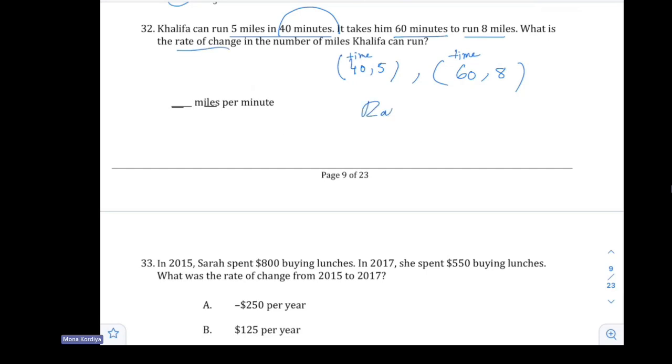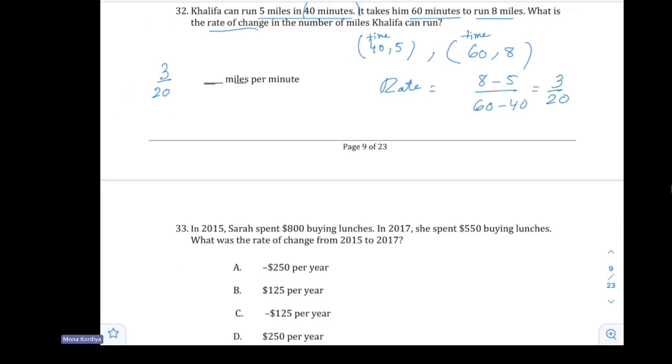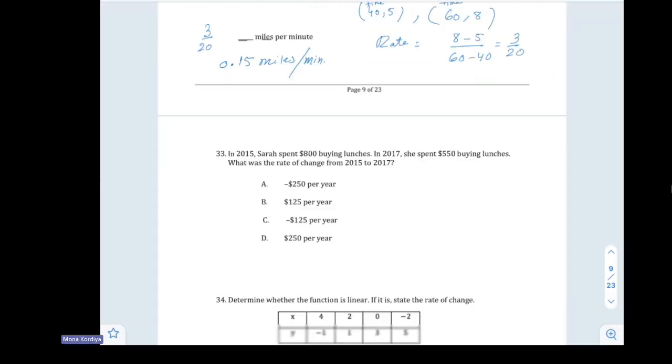So the rate of change will be y2 minus y1 over x2 minus x1, which is 3 over 20. So we will say 3 over 20 miles per minute. If you are asked to put it in decimal, then it is 0.15 miles per minute. The calculator can do that for you.